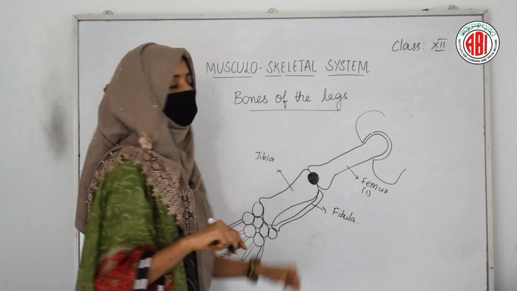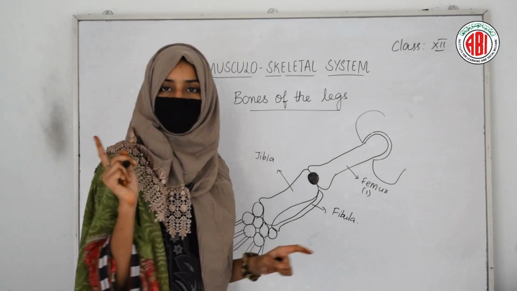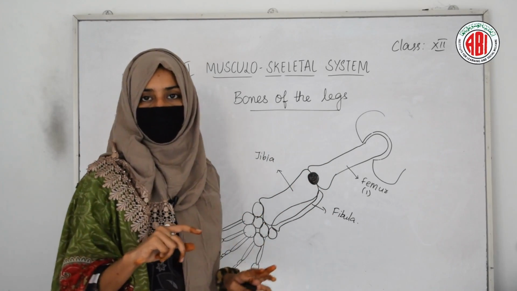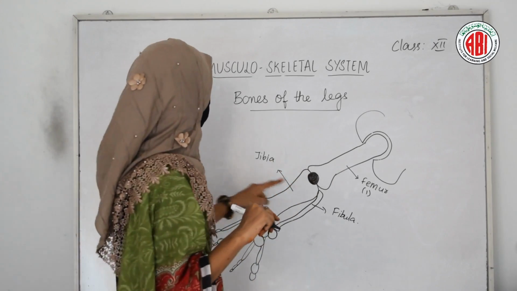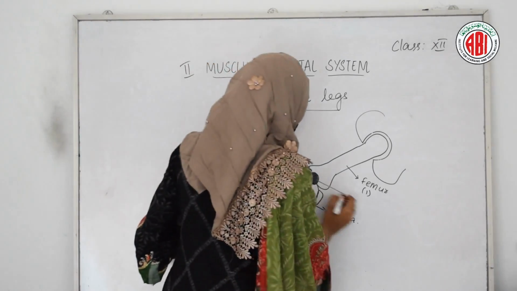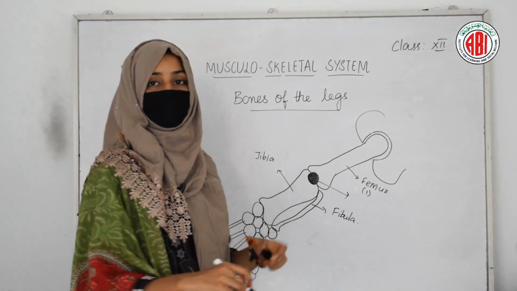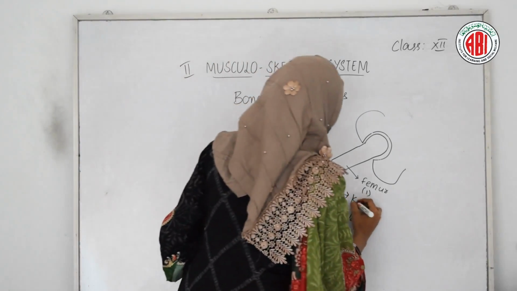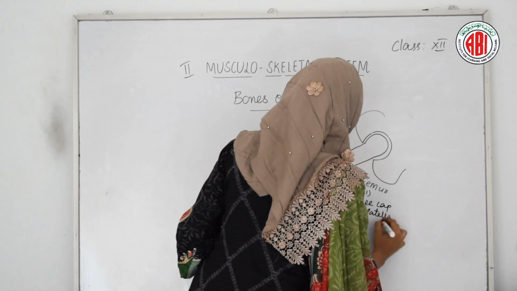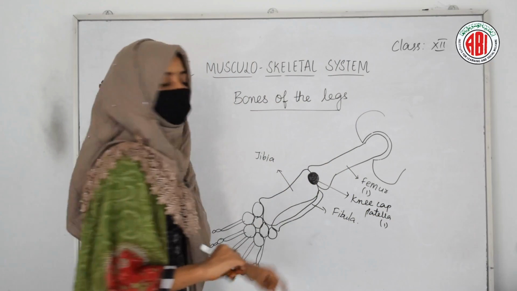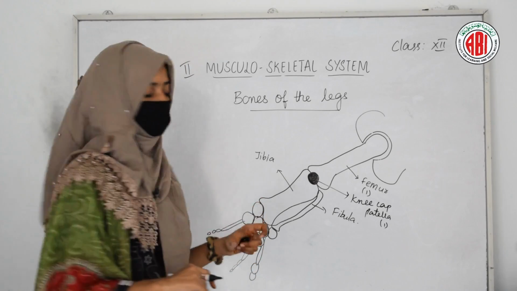And here one more difference is, at the elbow region we do not find any kneecap or any other cap present, but here in our legs the kneecap is present, and we call this kneecap patella. So one patella is also found at the region of our knee.